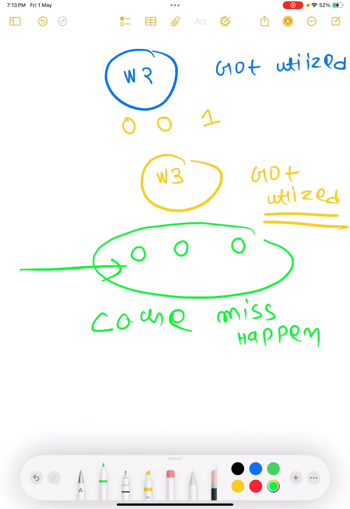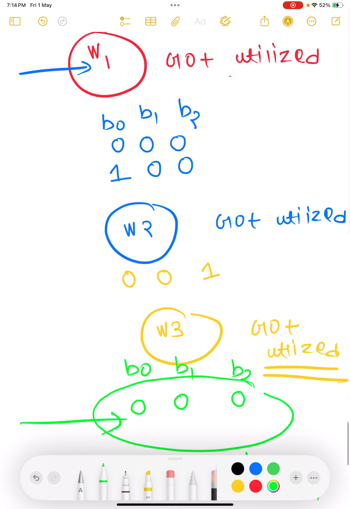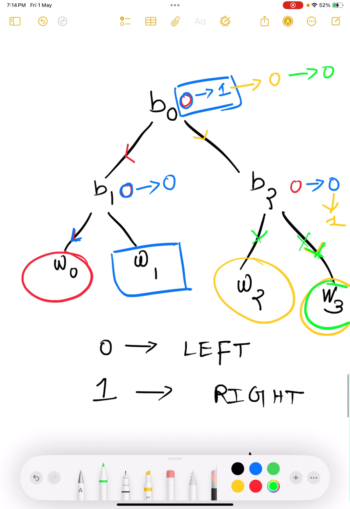So what are you going to look at? We are going to look only at the B0, B1, B2 fields to select a cache eviction element. So you have B0, B1, B2 updated to 0 0 0. Now we will go to the binary tree diagram. If B0 is 0, you are moving towards the left. You came to B1. Now B1 is also 0.